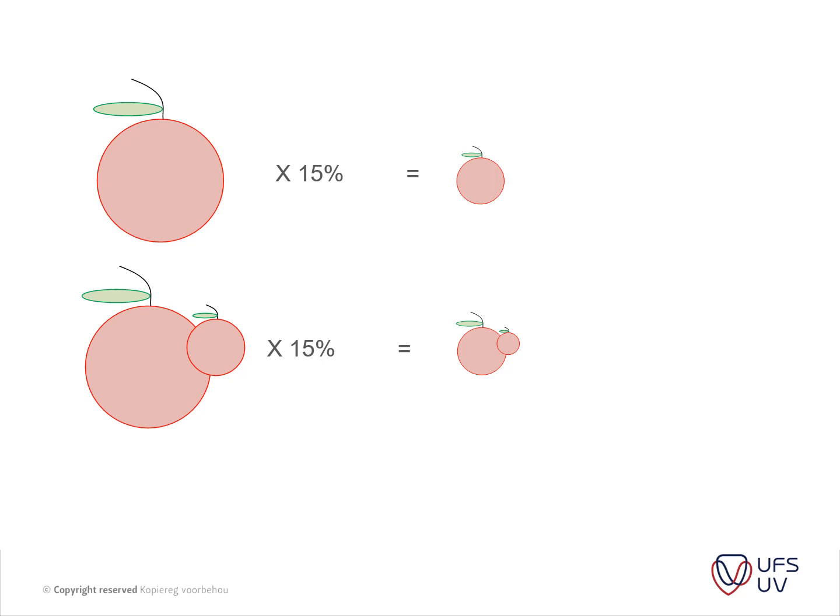And if you times that with 15% and then subtract it from your item that you started out with, you will not get the same answer as when you times it with 100 over 115, for instance, or 115 over 100.